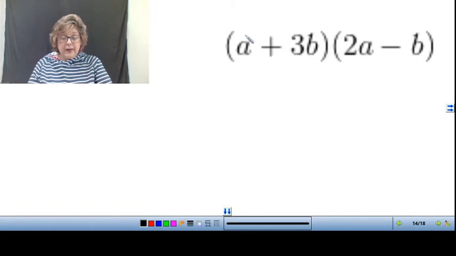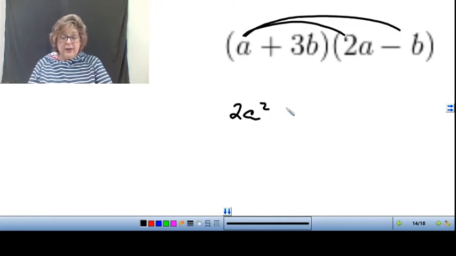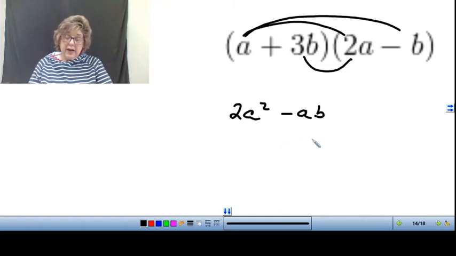Here, again, I'm going to multiply the first times the first, so a times 2a is 2a squared. A times a negative b is a minus ab. 3b times 2a is going to be a 6ab because we put them in alphabetical order.